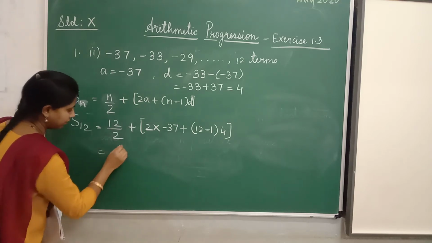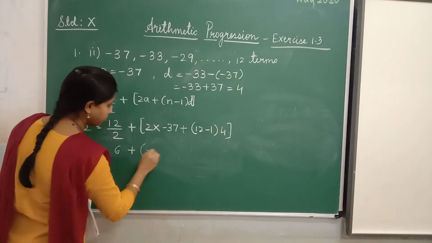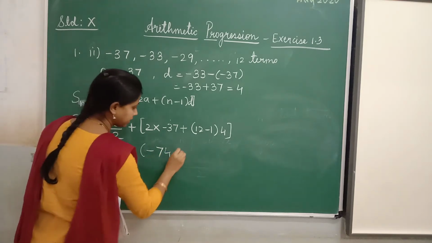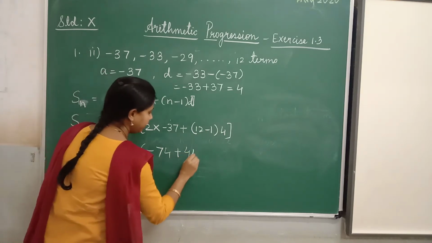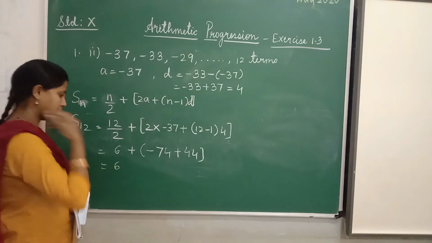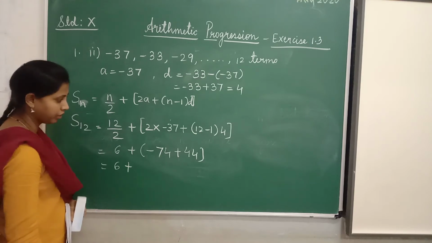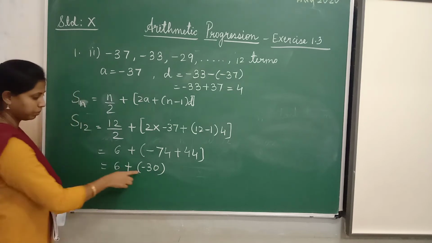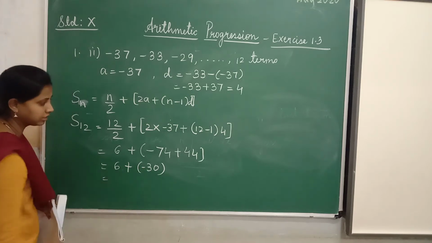So 12 by 2 will give you 6 into 2 into minus 37, that is minus 74, plus 12 minus 1 is 11, and 11 into 4 will give you 44. Okay children, 44. Simplify. 6 into minus 74 plus 44. How much you are going to get? You will get minus 30.